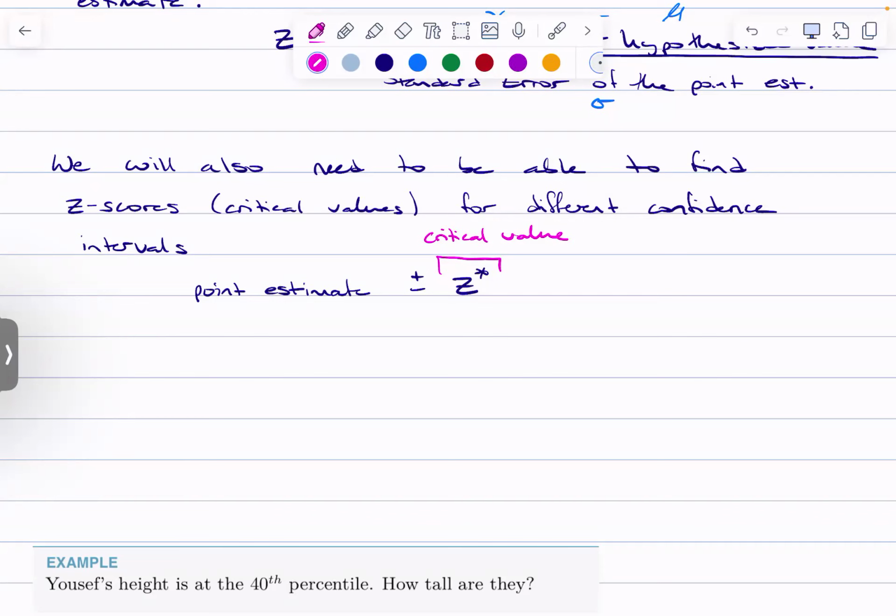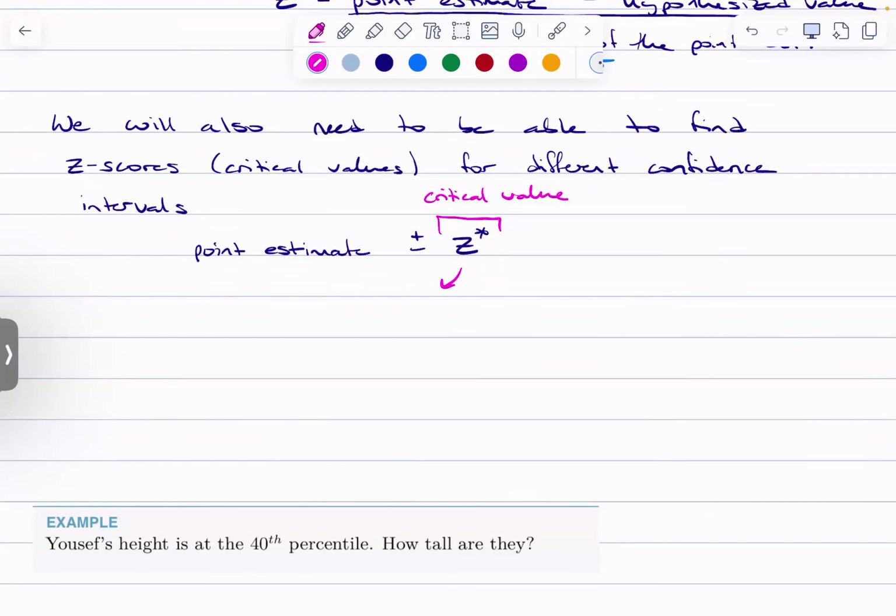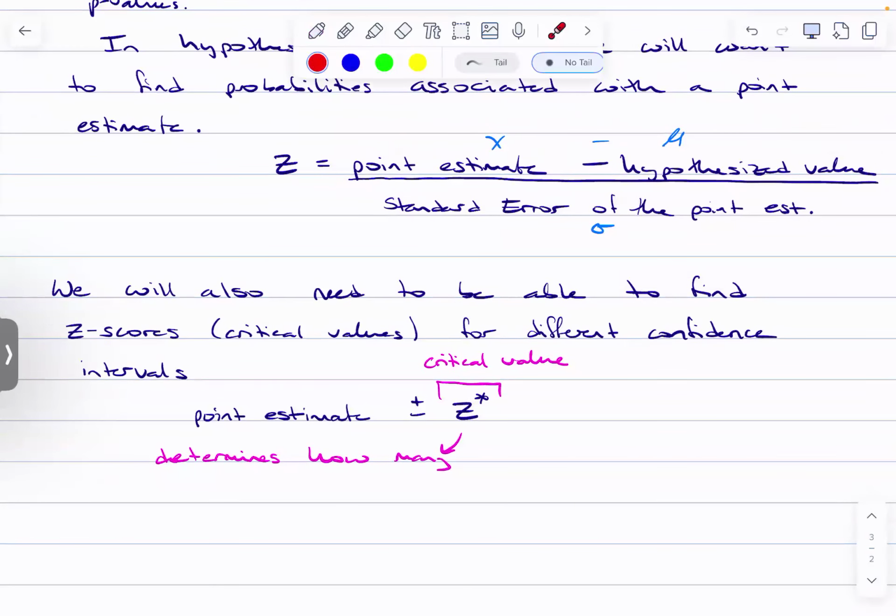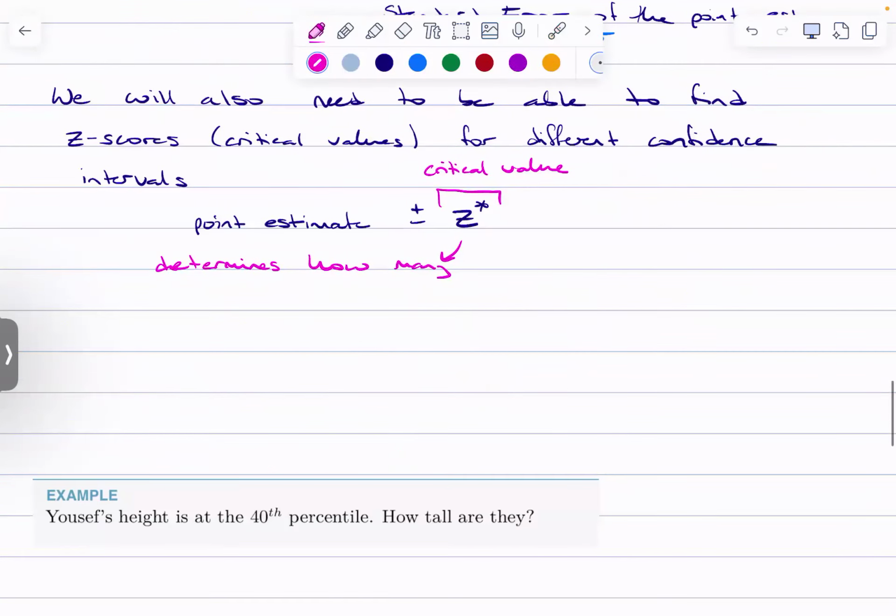And so the critical value determines how many, not sigmas anymore, but how many standard errors we need to move away from the point estimate for a desired confidence level.